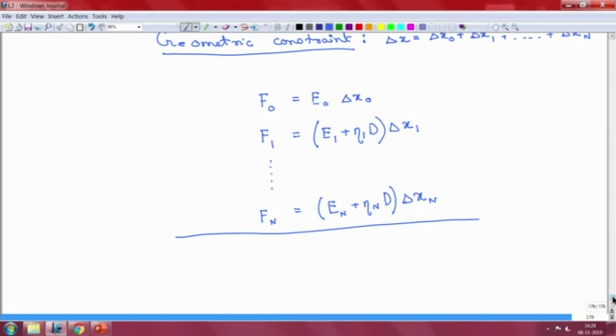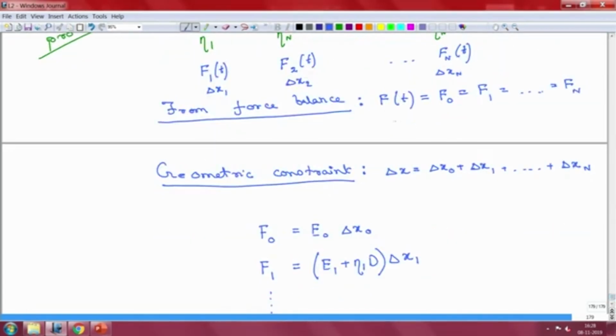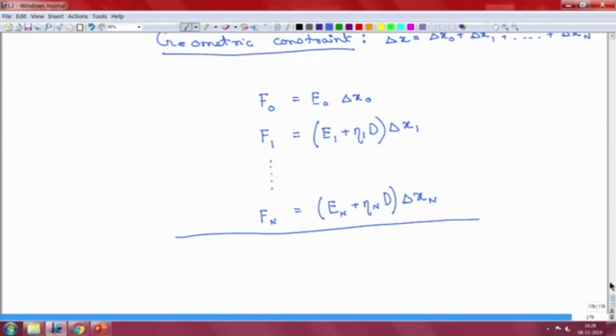Now, let us quickly go back and see what we had first established. We said that the force balance equation says that all the different forces are the same. So, I can actually go ahead and drop all these different subscripts, so that we are all left with F on your left hand side. And now, we want to be able to add all these deformations together, so we have to find the right factor for all of them.